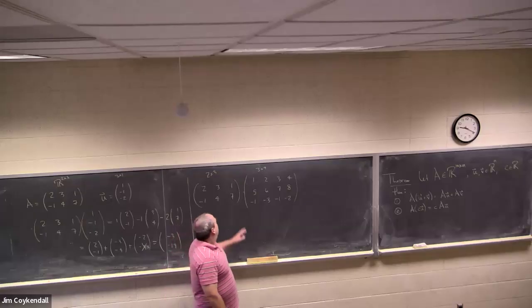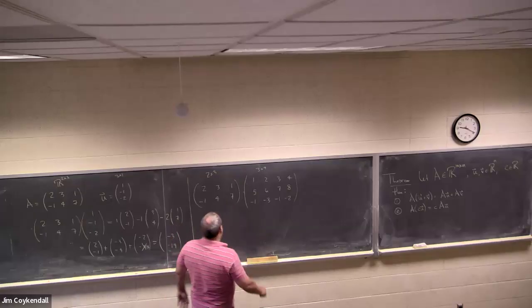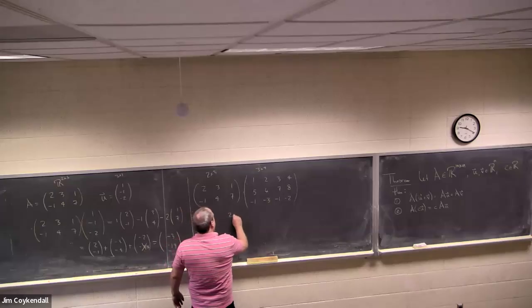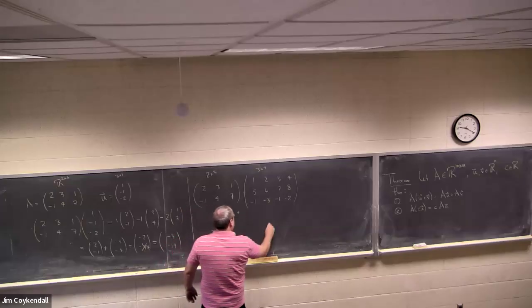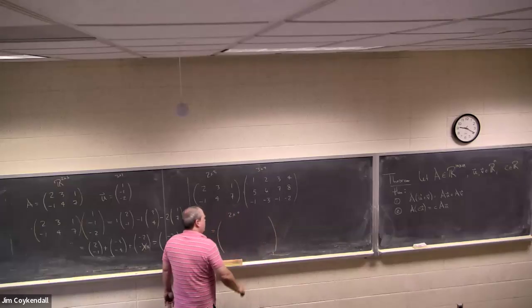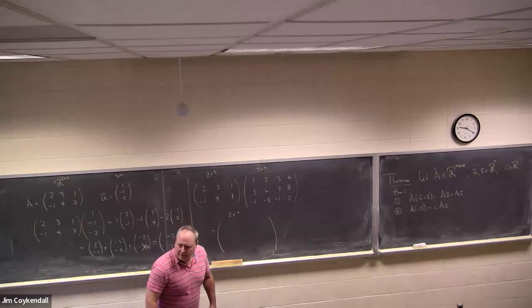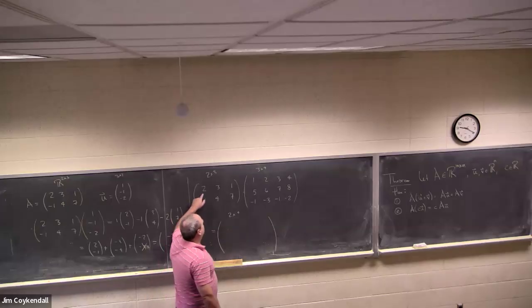Now, when I multiply these two, I should get a 2 by 4 matrix. 2 rows, 4 columns. And how do I do this?